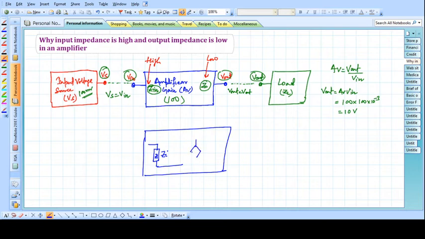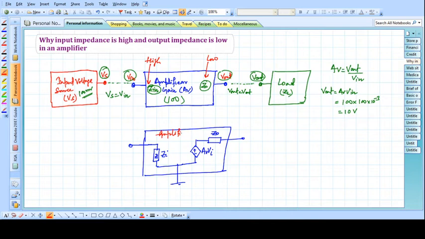This is a controlled voltage source, say plus or minus AV times Vi, and some output impedance Zo. So this is the actual model of an amplifier. This is your amplifier model.